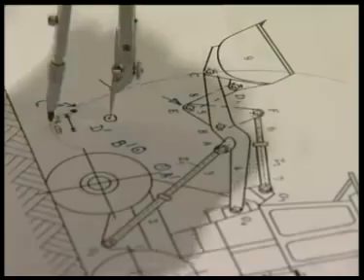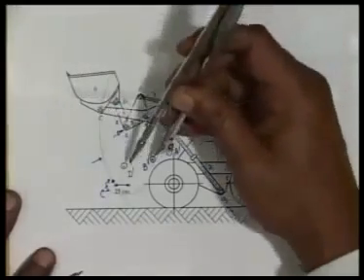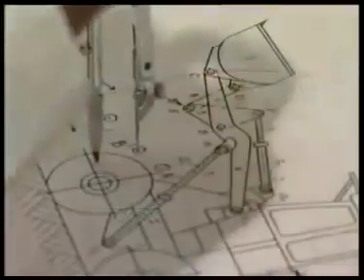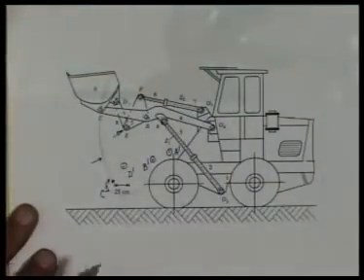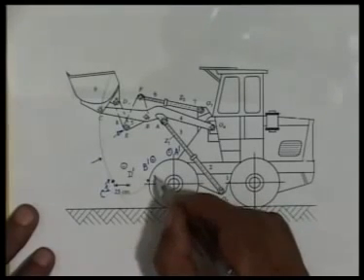So E must lie on this circle, and BE also does not change. So with B1 as center, I draw another circular arc with BE as the radius. Wherever these two circles intersect, that gives me the location of E, which I call E1.